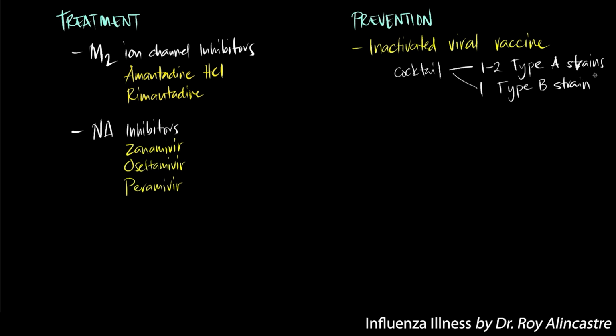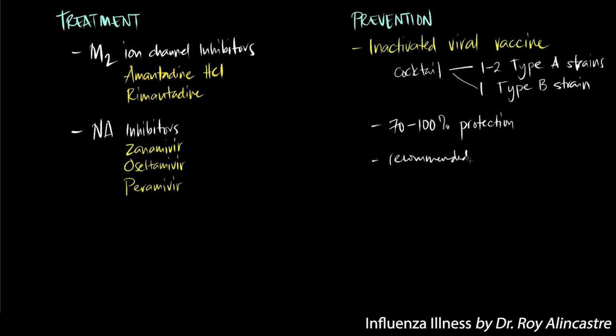However, this is made more difficult due to the antigenic drift and shift, meaning vaccines have to be made every time an outbreak occurs. But in healthy adults, the vaccine provides around 70% to 100% protection, but not so much in elderly and young children.